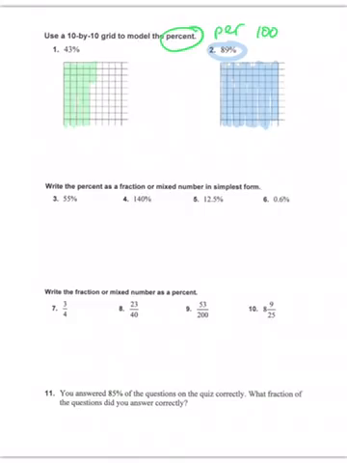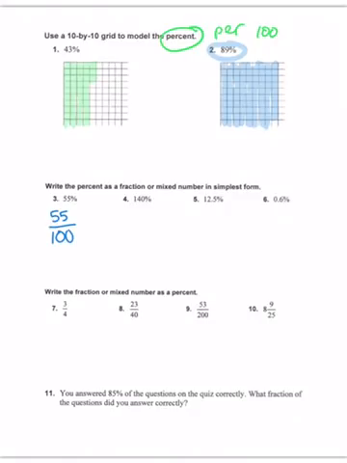The next set of problems ask us to write the percent as a fraction or a mixed number in simplest form. When I read this first number, it says 55%. And again, percent means per 100. So I can write it as 55 per 100, 55 over 100.